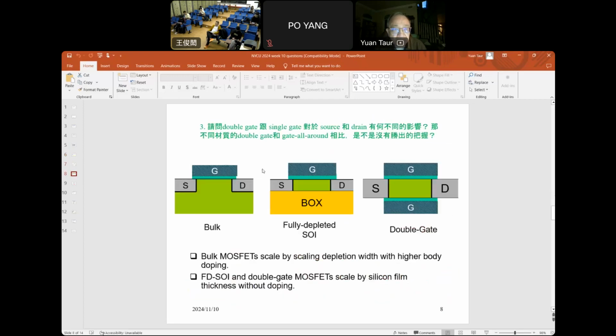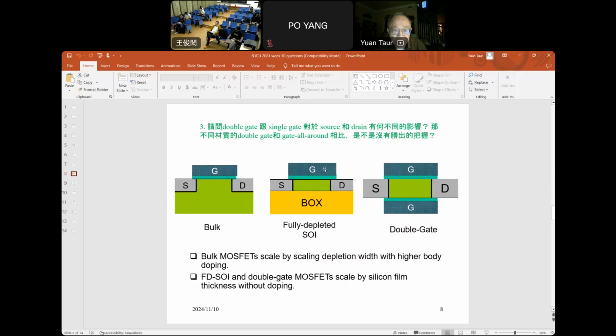Next question. Double gate, single gate, source drain. Well, the important thing is that the source drain needs to be self-aligned to the gate. Otherwise, the overlap capacitance, which we will cover probably later today in chapter 8, is too large. That will degrade the performance. Okay.